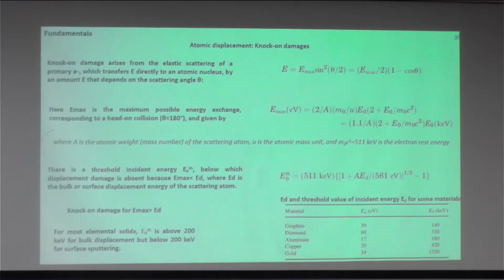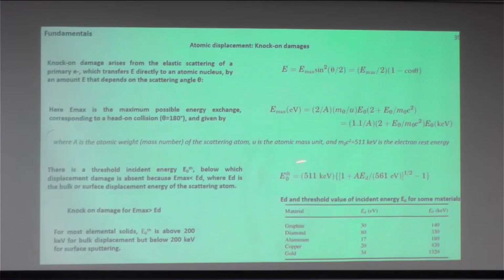and the value of this displacement is also material dependent. We can make some rough estimation of this, and we can see here that the displacement energy varies with the type of atom. For graphite it's 30, for aluminum it's 17.